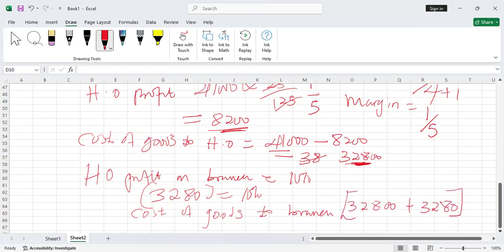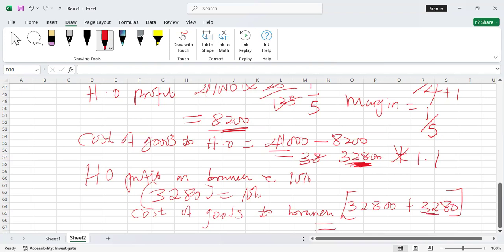Do you understand the math? Or simply, we should have taken the cost of 32,800 plus 10%, or multiplied by 1.1. These goods are costing the head office 32,800, and they add some profit of 10% whenever they are transferring to the branch.